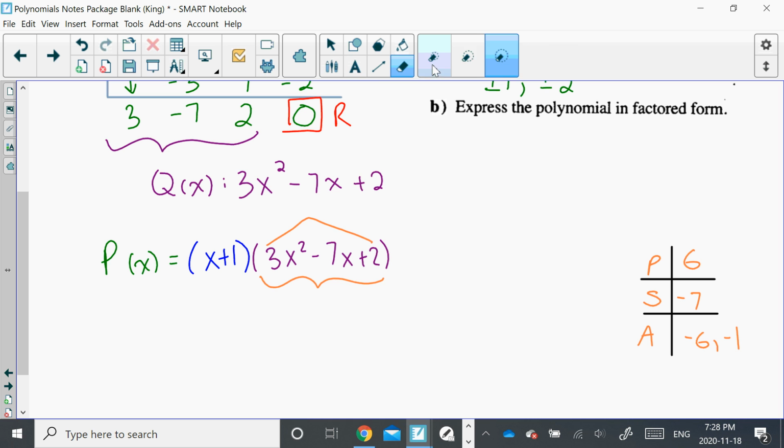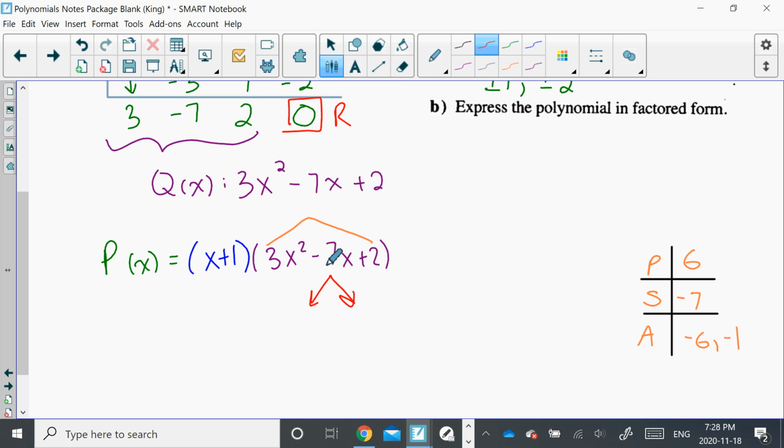From here, I'm going to factor this by decomposition. To review factoring by decomposition, you break down your -7x. How could you break down -7x? -6x minus 1x.